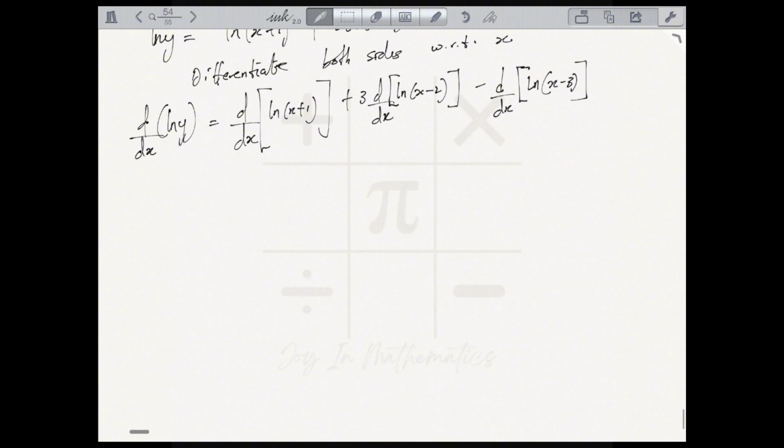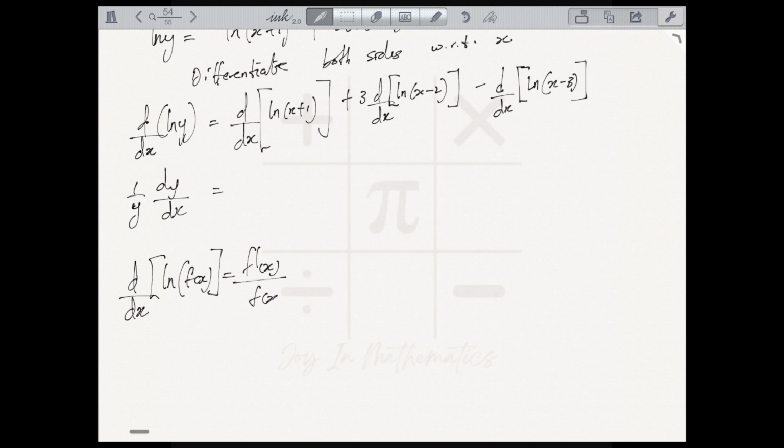So this will give us 1 over y dy/dx. And in our previous video, we talked about how to differentiate natural logarithm of a function, such that d/dx of natural logarithm of f of x is equal to f prime of x divided by f of x.